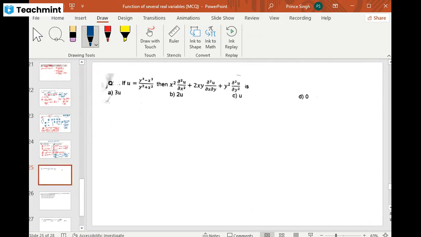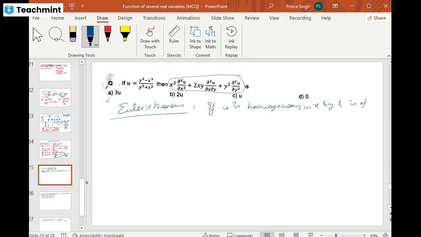Okay, in this case we want to find the value of this expression. Again, here it is a case of Euler's theorem. According to Euler's theorem, if your function is homogeneous in the variables x and y and is of degree n, then it has two results. One: x ∂u/∂x plus y ∂u/∂y is equal to n times u.